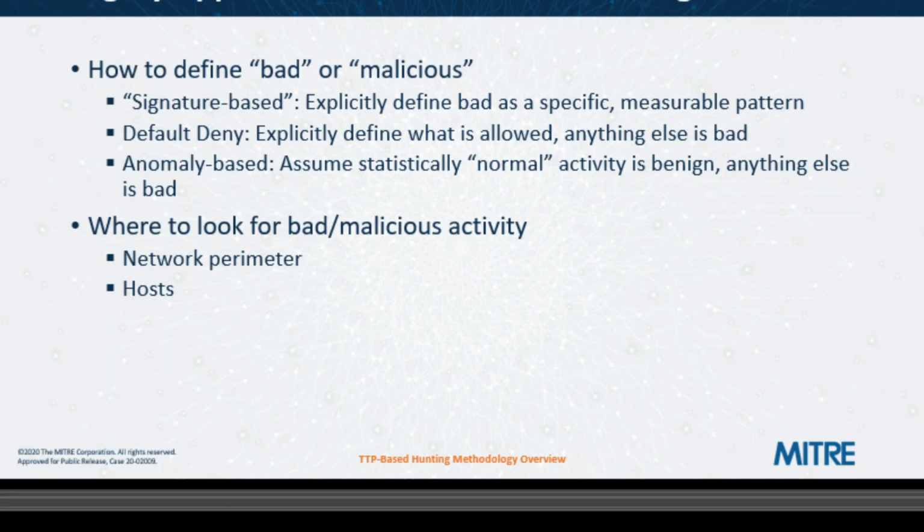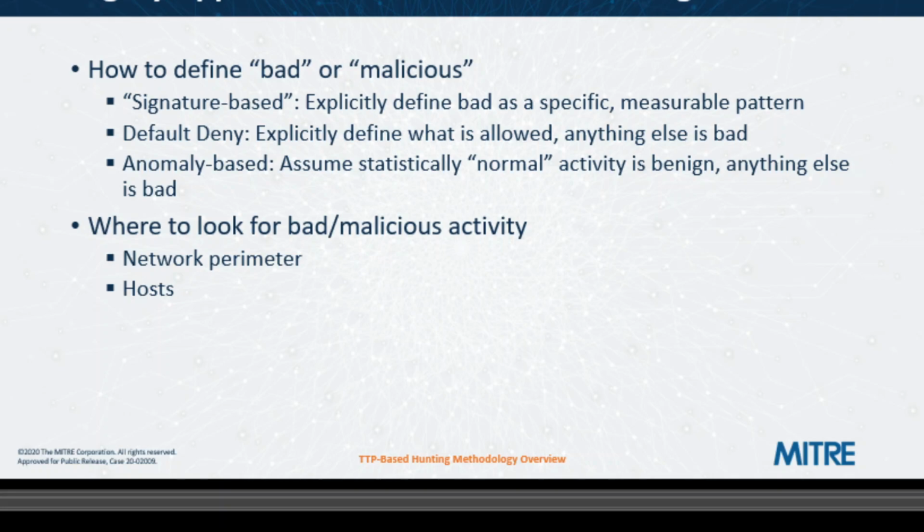Another approach is to deny everything except for specific things that are defined as allowed. And a third approach is to run some kind of statistical analysis over the collected data.